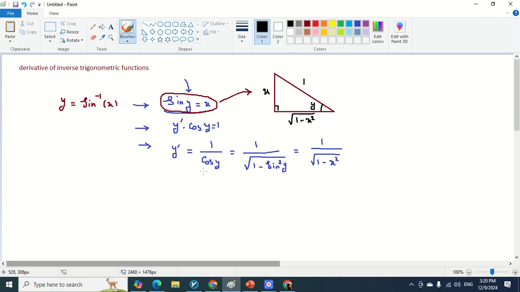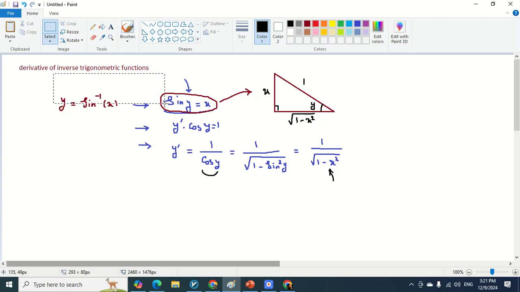Right now if I want to calculate the cosine of y, the cosine of this y will be adjacent over the hypotenuse, which is root of 1 minus x square, and you can simply substitute it over here. As I said, we can use both of these methods.